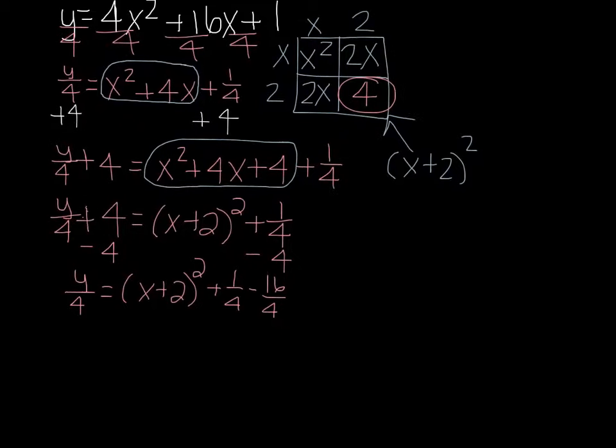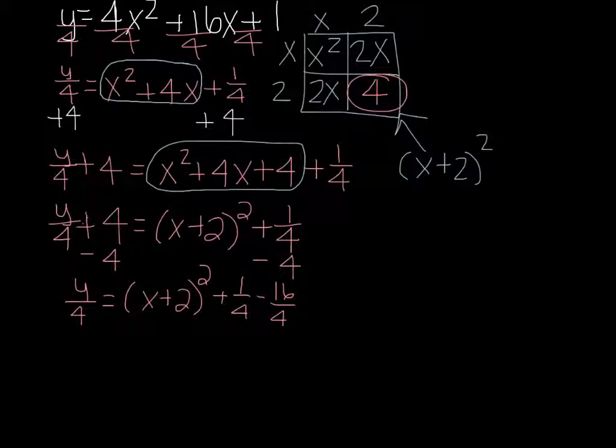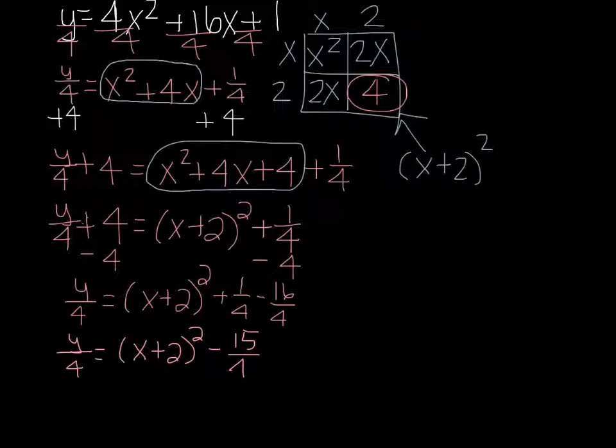I'm going to shrink this just a little bit so we can fit it all on here. That means that we're going to have y over 4 is equal to x plus 2 squared. 1/4 minus 16/4 would give us a negative 15/4. And then the final thing to get y by itself would be to multiply everything by 4.